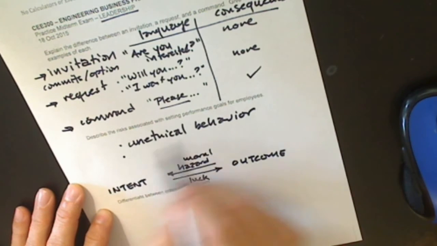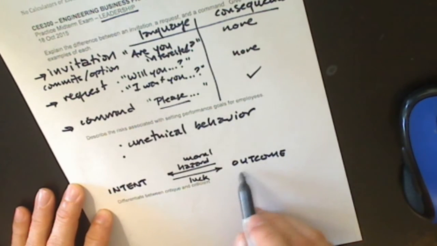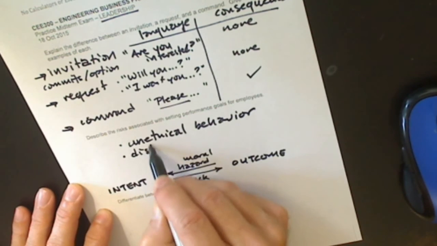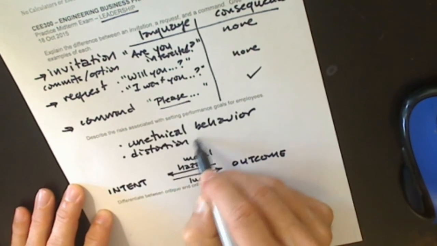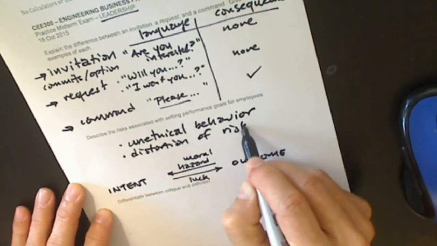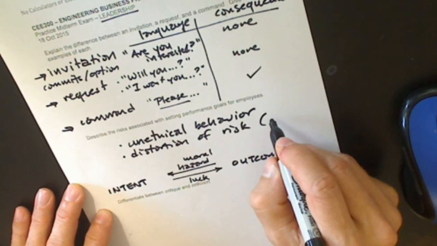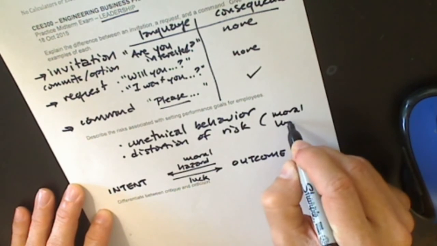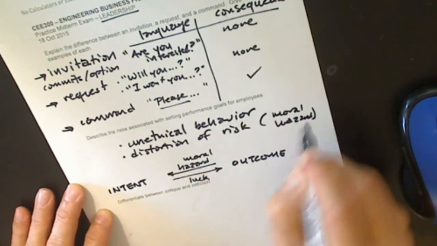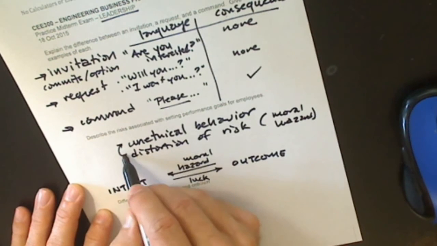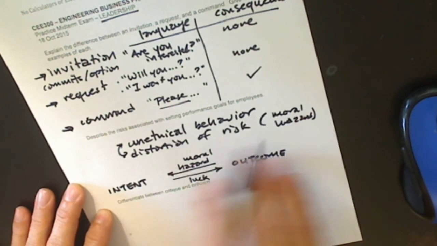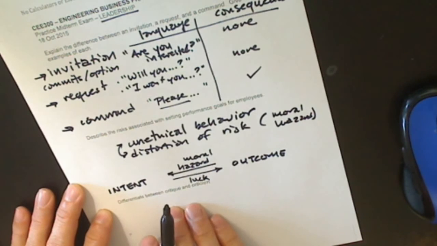So another downside of goals where we measure people exclusively on their outcomes is distortion of risk. That is the risk perception that people in our organization have, and the introduction of moral hazard. These two concepts are linked, and either one of them, unethical behavior or distortion of moral risks, are acceptable answers here.